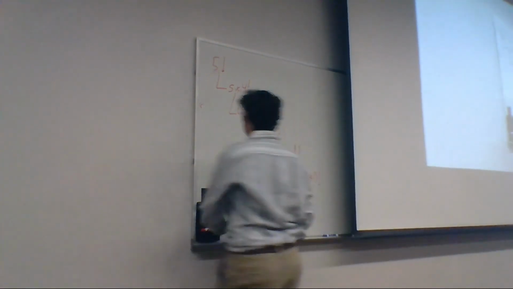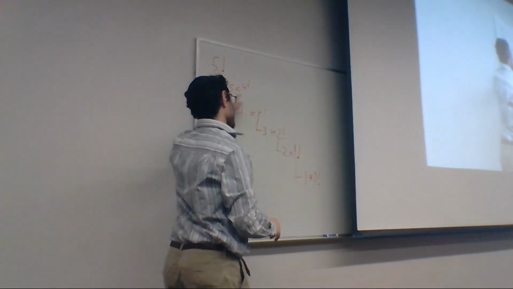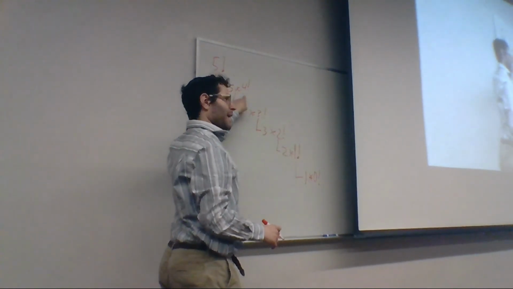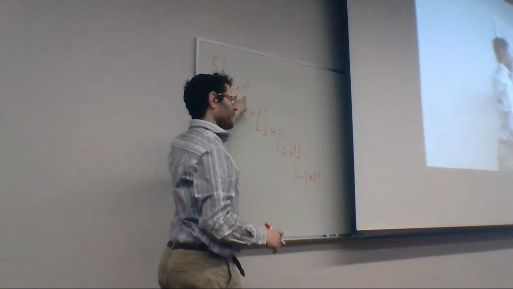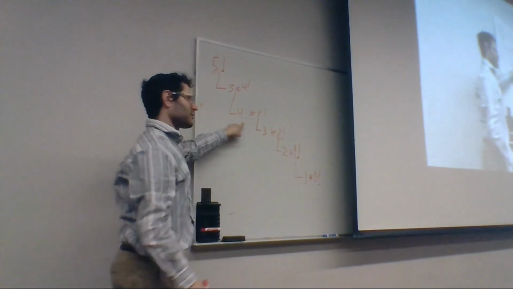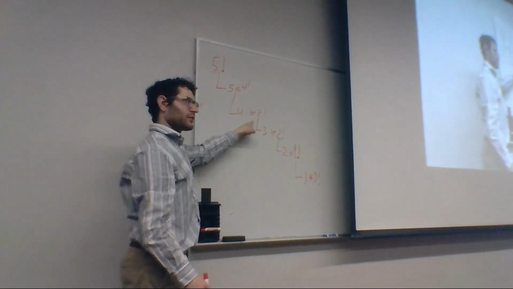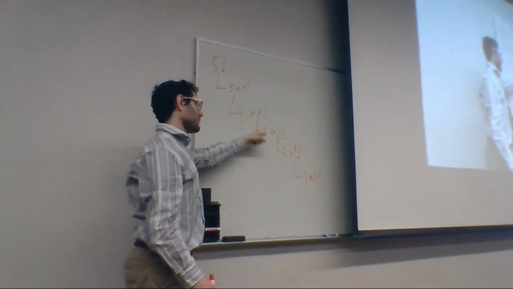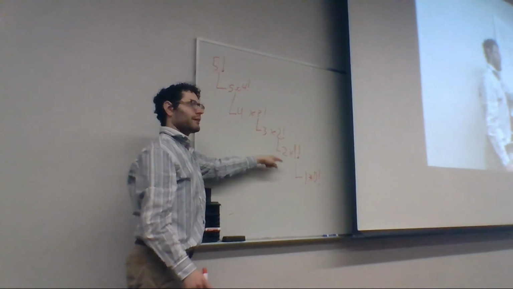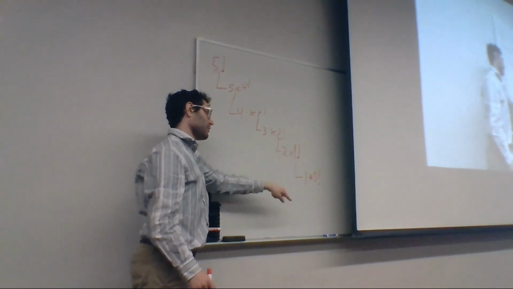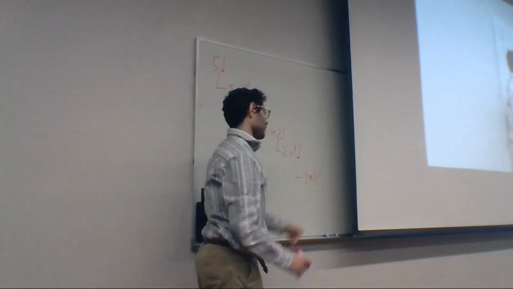So we don't actually solve anything until we get to the bottom. It just simply says I'm going to multiply 5 times whatever the answer of 4 factorial is. 4 factorial is going to be whatever the answer of 4 times 3 factorial is, and that's going to be whatever 3 times 2 factorial is, and that's going to be whatever 2 times 1 factorial is, and that's going to be whatever 1 times 0 factorial is.